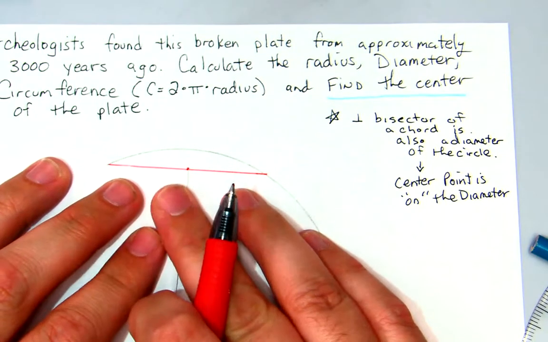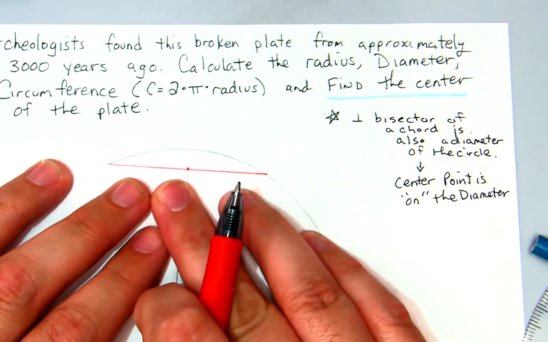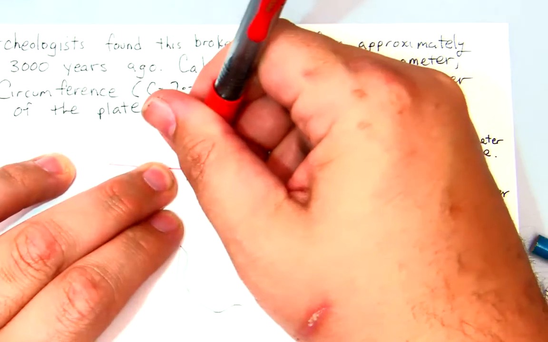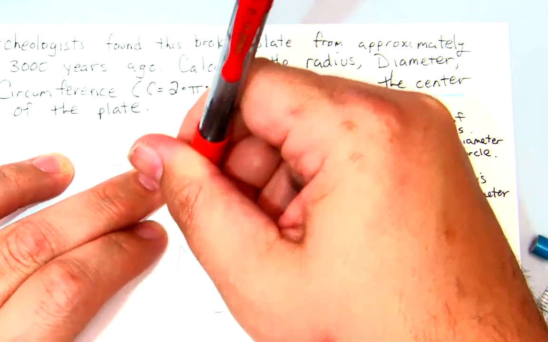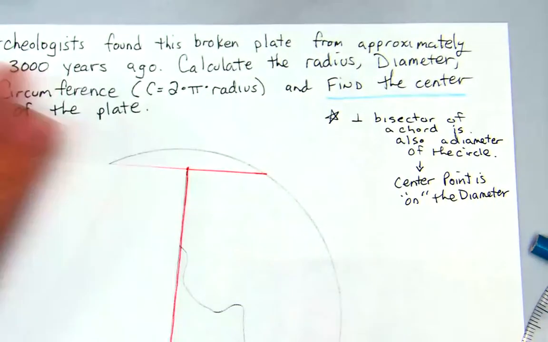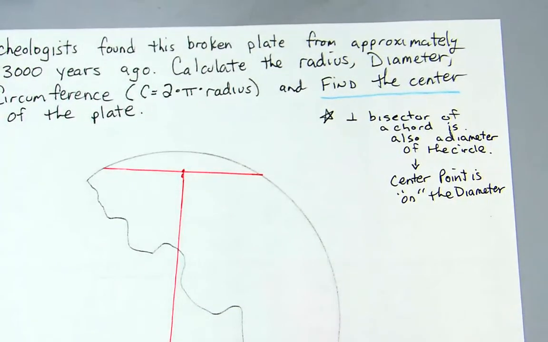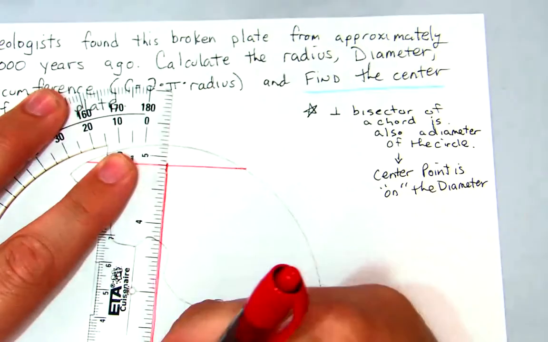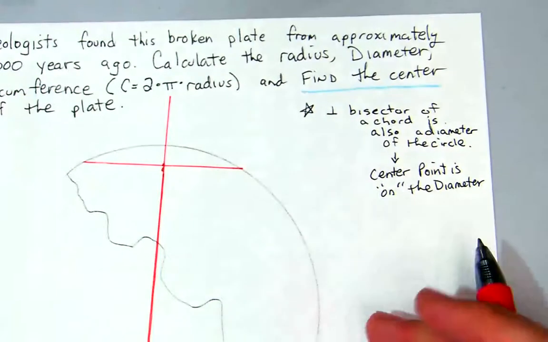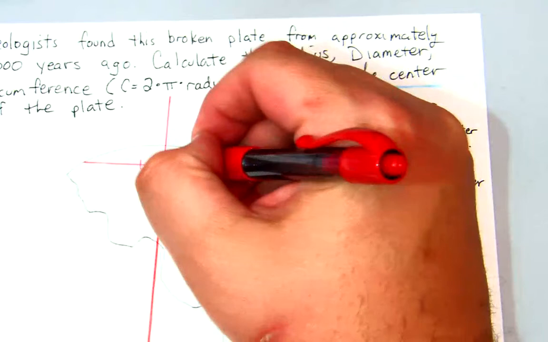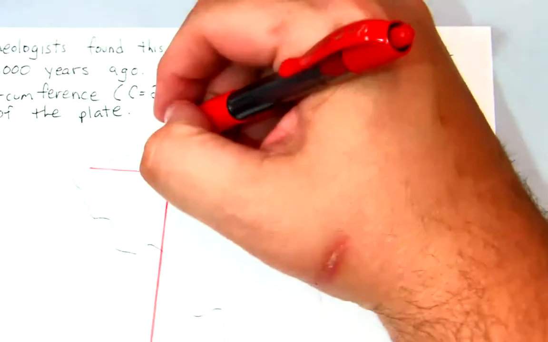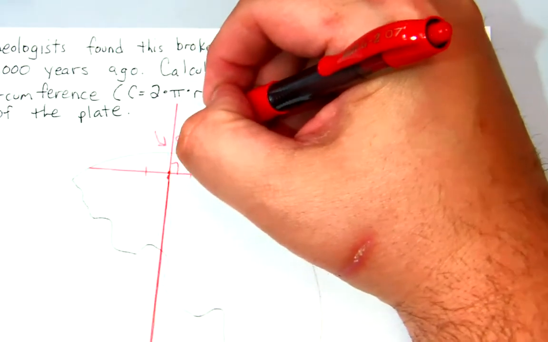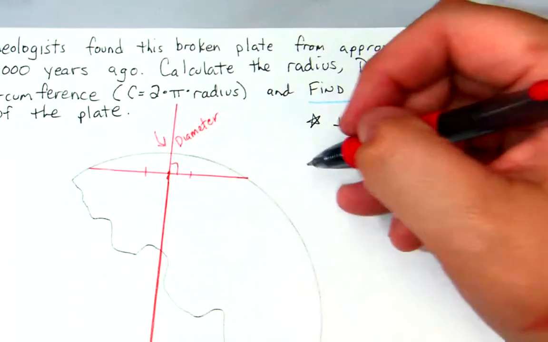I'm going to line up the vertex of the right angle at the midpoint. And I'm going to draw that line. And I'll extend that line out, because now I have a perpendicular bisector. But I also have a diameter.